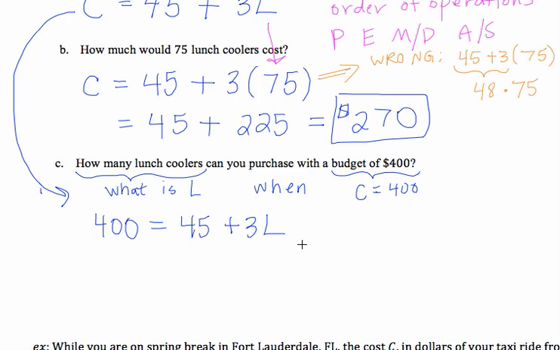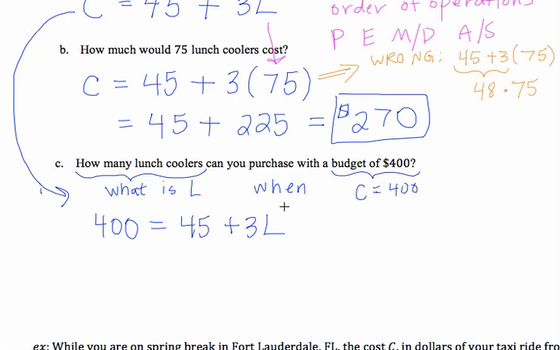Now, once you get it written as an equation, you don't have to think about it in terms of lunch coolers and setup fees and all this stuff. You just follow the mathematical rules, which generally say that you can do anything to an equation as long as you do it to both sides. So in order to get L by itself on one side, we have to somehow move over the 45 and the 3.